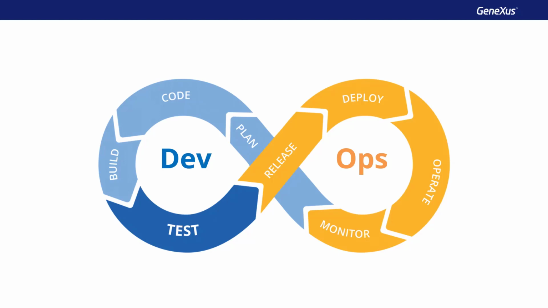DevOps comprises a group of agile practices that combine software development, dev, with information technology operations, ops, in order to shorten the lifecycle of system development while offering software in a continued manner.